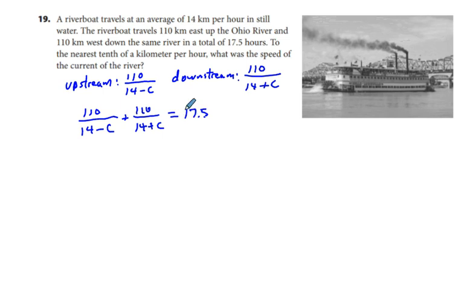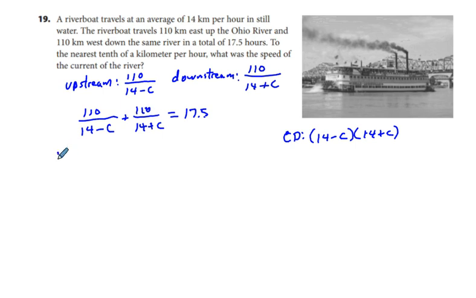And our common denominator, I'm going to work this to the right, it'll be our LCD, is going to be 14 minus c times quantity 14 plus c. So let's go ahead and work this out.